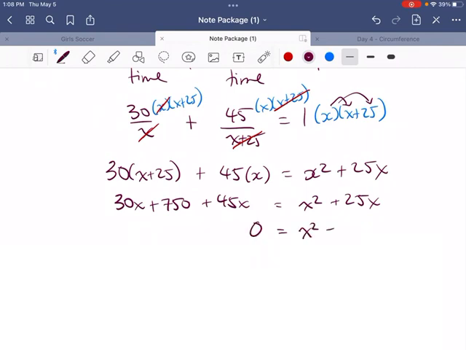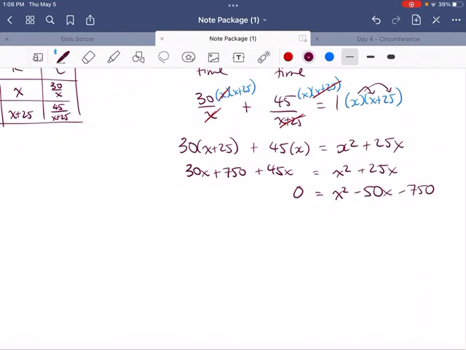Now you can't actually just factor this, so we're going to use the quadratic formula. If you don't know the quadratic formula, type in YouTube quadratic formula and there'll be many a video about it. Our a value is 1, our b value is negative 50, and our c value is negative 750, which is the constant.